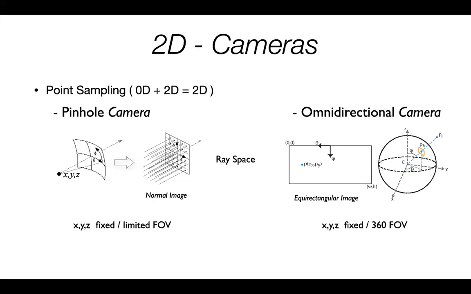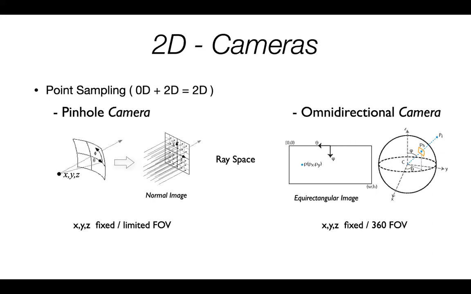And it has a limited field of view because the way the system works, it captures only the rays that arrive at the image plane, and that's constrained by the viewing angle of the camera, right? But then we have a more general camera that is an omnidirectional camera.